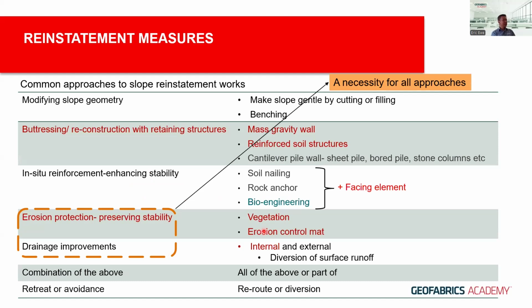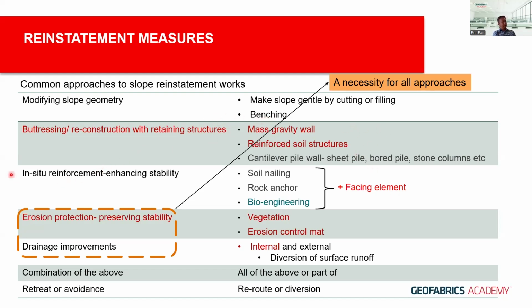Now, when it comes to reinstatement measures, there are plenty. But as I mentioned, it's impossible to cover everything in this one hour or slightly more, I'm afraid, due to the slides. So the red wording or sentences are the ones that we will be focusing on today, but we are not discounting the other measures, such as modifying the slope geometry, i.e. making the slope gentler by cutting, filling or benching.